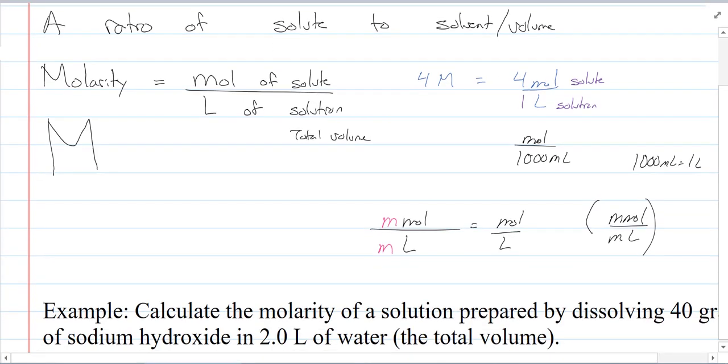The reason we like this, before we do this example here, is that a volume, like milliliters, multiplied by our molarity, for 1,000 milliliters is moles, give me moles.